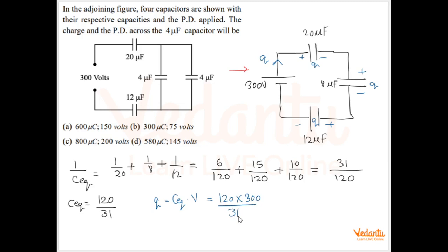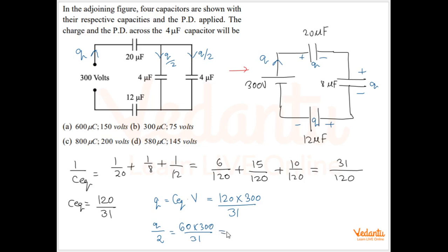Now that charge Q that came out of the battery will divide half and half into both the capacitors here, because they are in parallel and they have the same capacitance. So the charge on the 4 microfarad capacitor will just be 60 into 300 divided by 31.